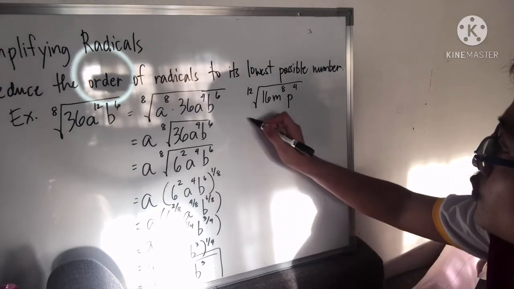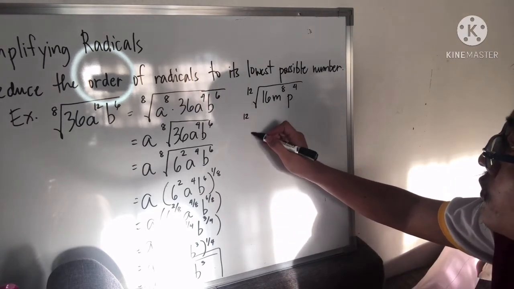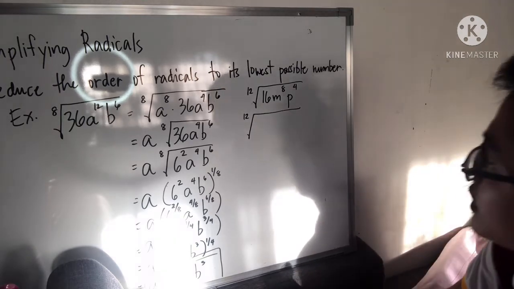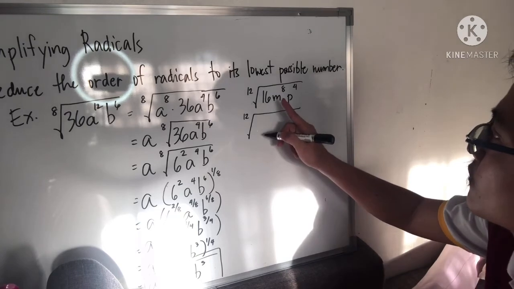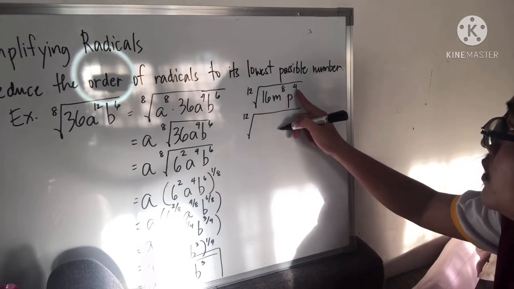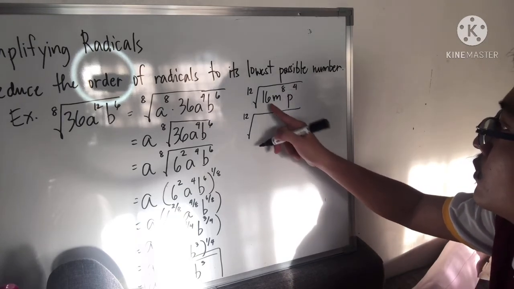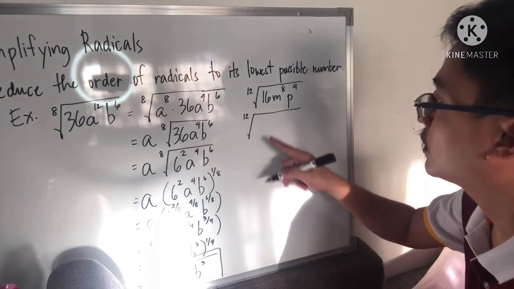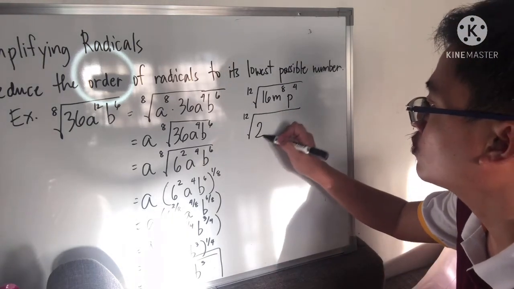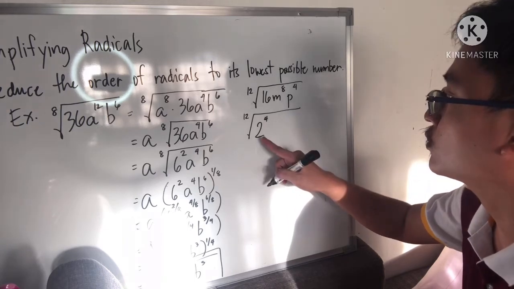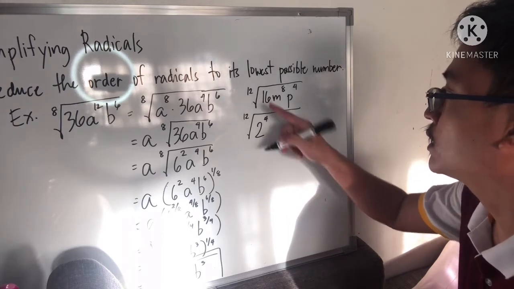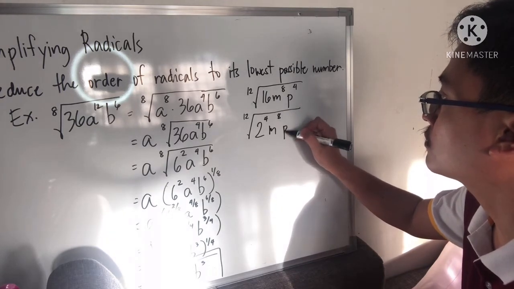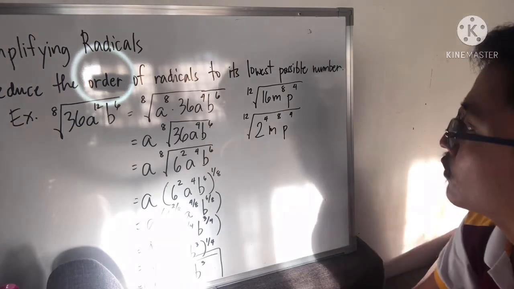That is the 12th root of, the 16 we can express in terms of the number that, when raised, equals 16. That is 2 raised to the 4th, right? 2 times 2 times 2 times 2 is 16, m raised to the 8, p raised to the 4th.